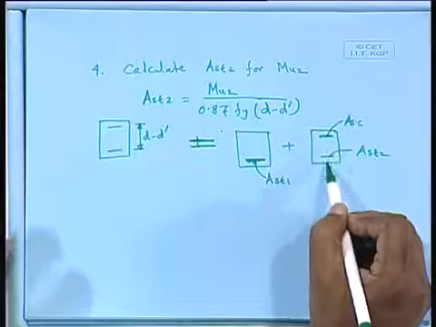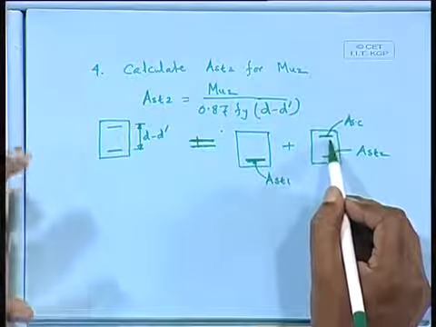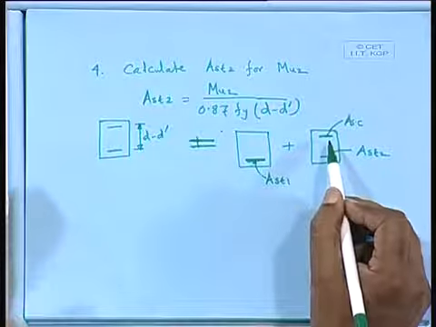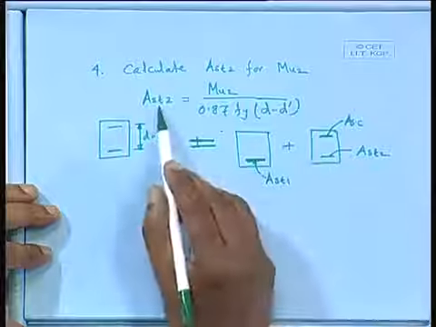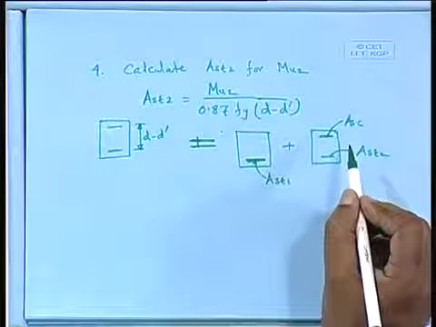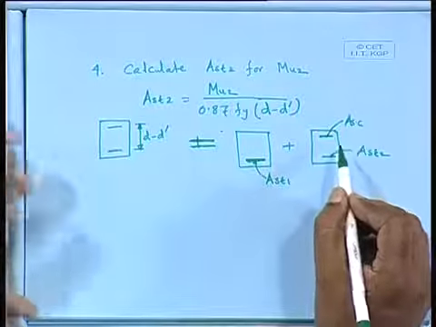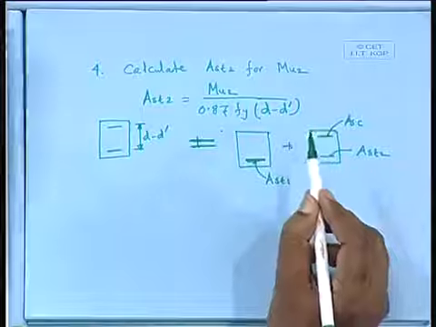The reinforcement areas differ because of the stress levels, but the forces are equal, and this is your Ast2. So that's why Ast2 equal to Mu2, the remaining moment of resistance, divided by 0.87 fy, d minus d dash.